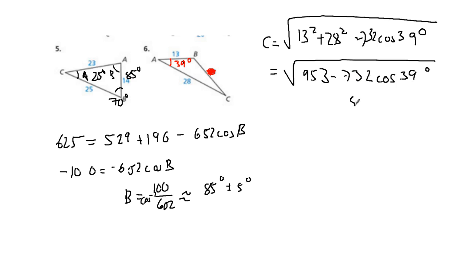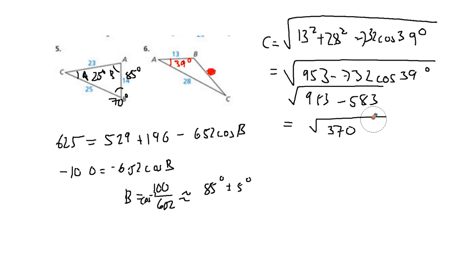So we can actually make this 953 minus 583, which comes out to be a pretty nice number. Not a nice number to square root, but a nice number to just subtract, right? So 370 is roughly 19.2, 19.3, give or take plus or minus 0.1, right?